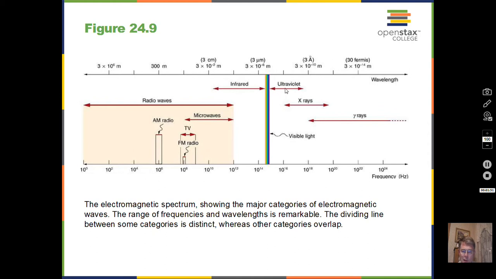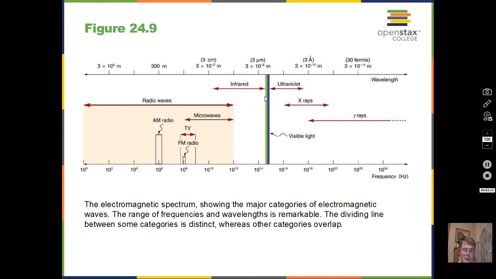We have ultraviolet, still can be damaging, can give you a sunburn, and can ionize atoms, which makes them dangerous for biological systems. But ultraviolet light, less energy than the X-rays, right on the border of violet light.